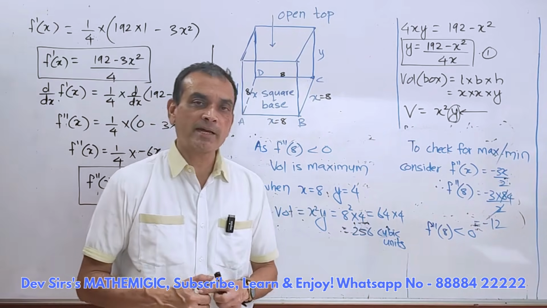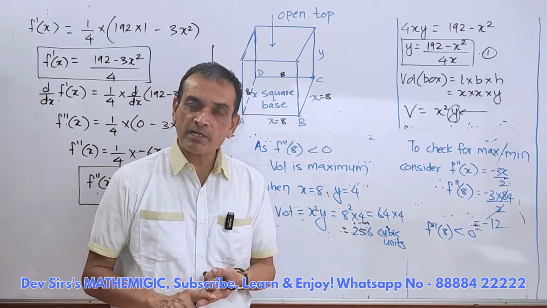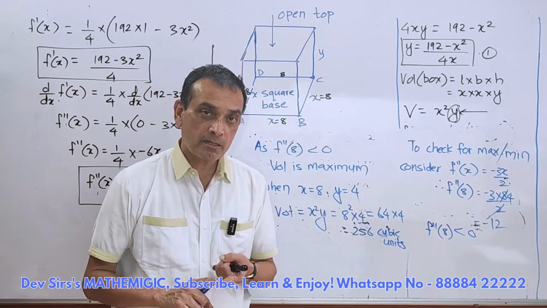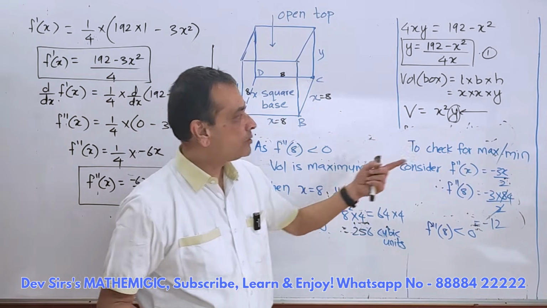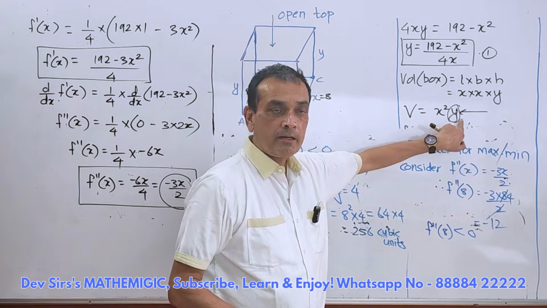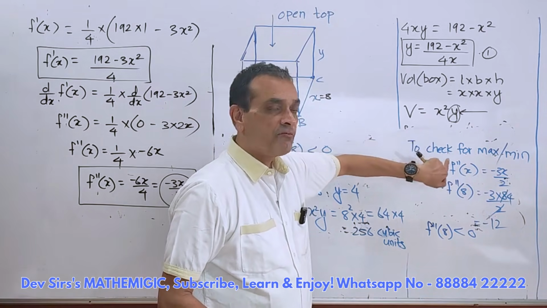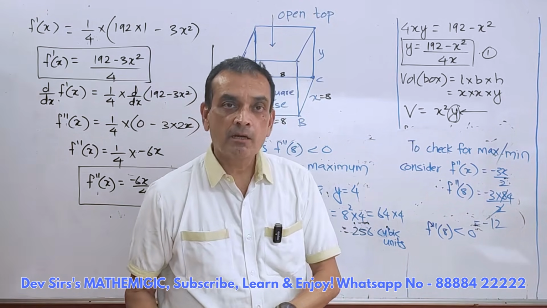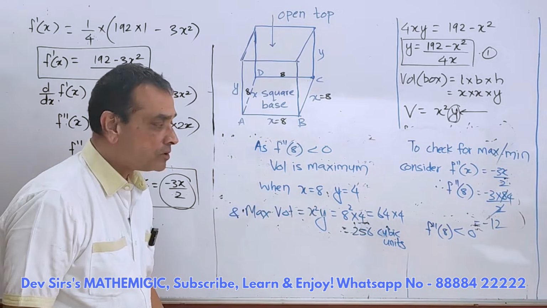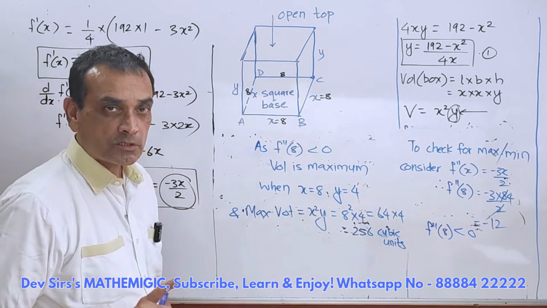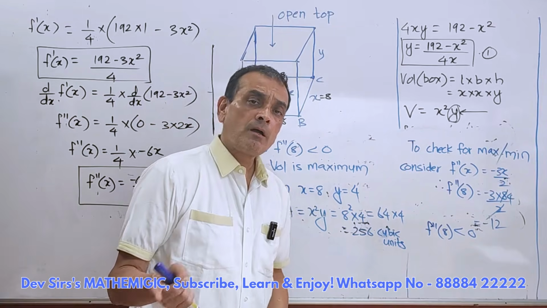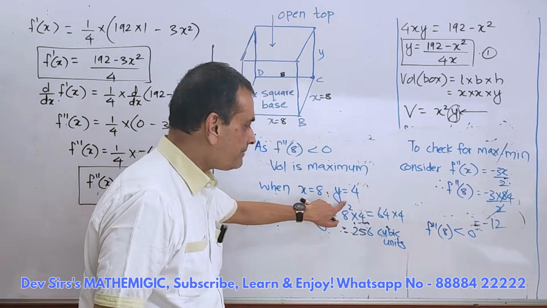Right? That is how you solve for maxima minima. Find out f dash x. First write fx by replacing y, don't forget, call it as fx. Find f dash x, f double dash x. Put f dash x equal to 0. Get two values or sometimes one value. Then get the value of y.